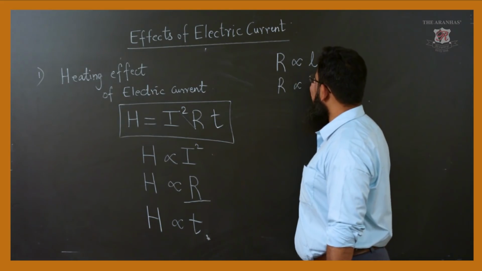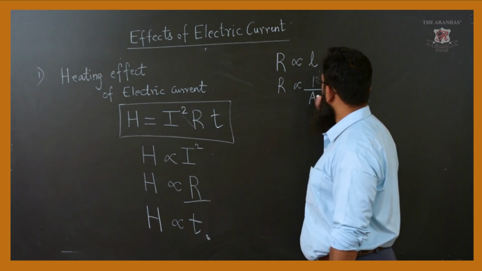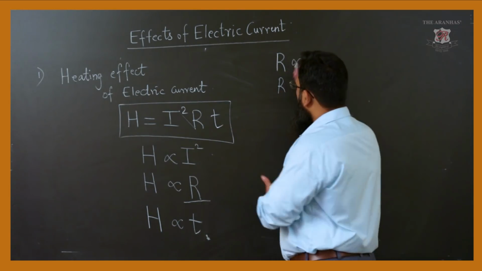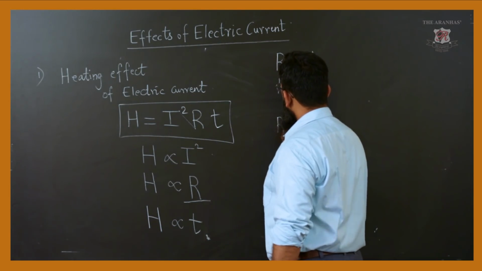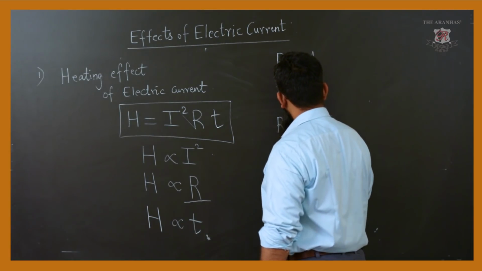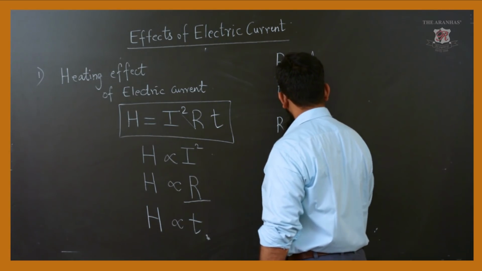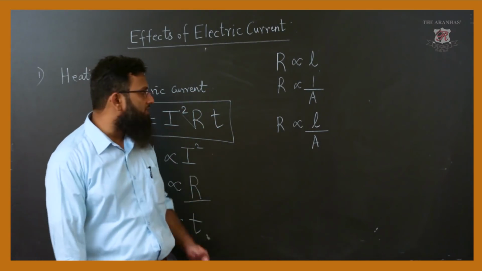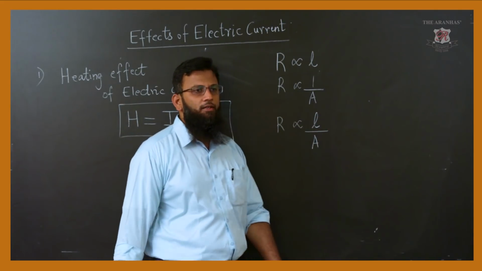It is inversely proportional to the cross sectional area. And if you club these 2 points, you will come to know resistance is proportional to L upon A. Remember, A is not surface area, A is cross sectional area, L is the length of the conductor.